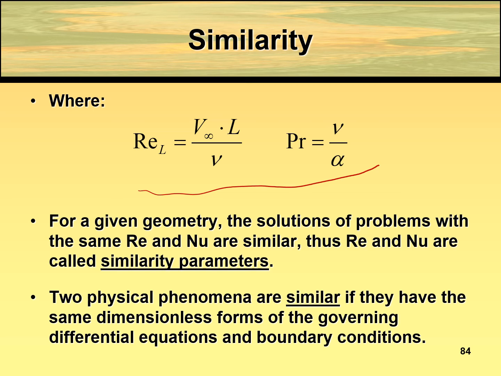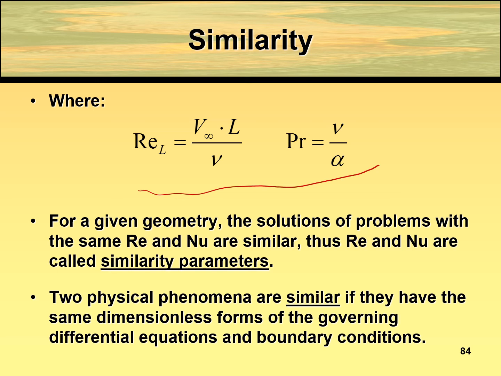Okay, so Reynolds number similarity is very common, and as well the Prandtl number, which is a non-dimensional condition, kinematic viscosity divided by the thermal diffusivity. For a given geometry, the solution for a problem with the same Reynolds number and Nusselt number are similar.